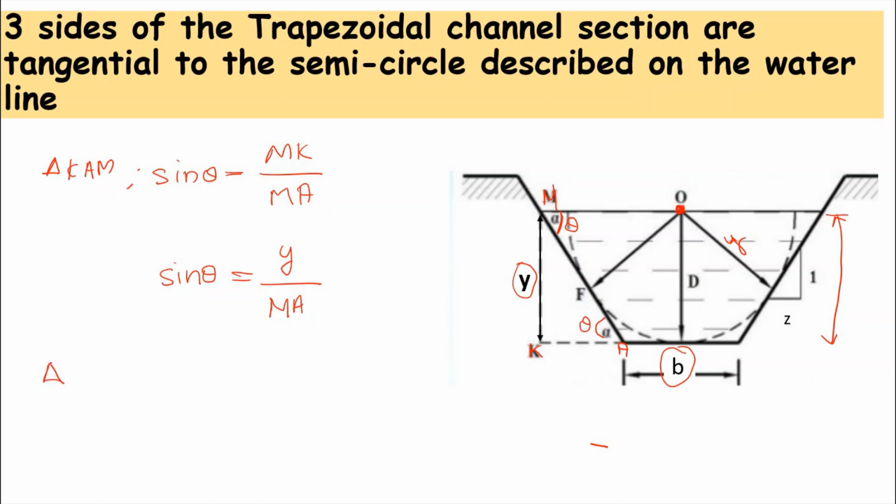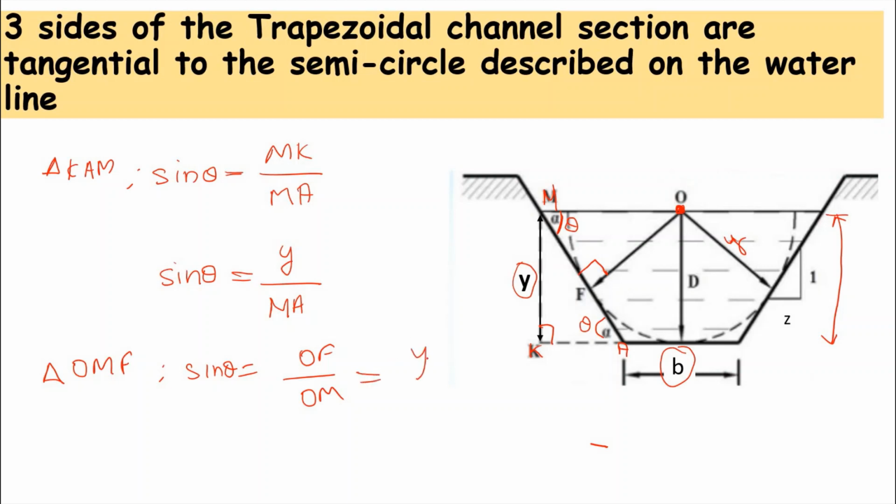Now taking another triangle, triangle OMF. Here sine theta will be OF divided by OM. This will be 90 degrees, and this will also be 90 degrees, so both triangles are right angle triangles. So OF divided by OM will give you sine theta.